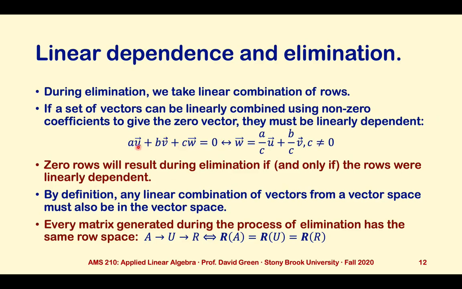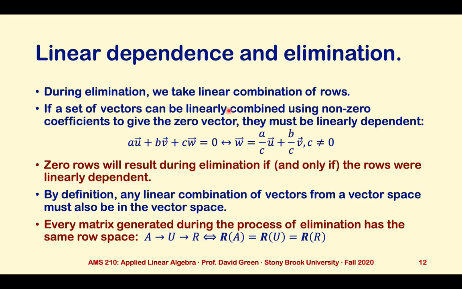Why? Because if we can do this, we can rearrange this expression to write, for example, W as a linear combination of U and V. And this simply requires that C was not zero. So if we can write something like this with non-zero coefficients, we know that the set has to be linearly dependent.